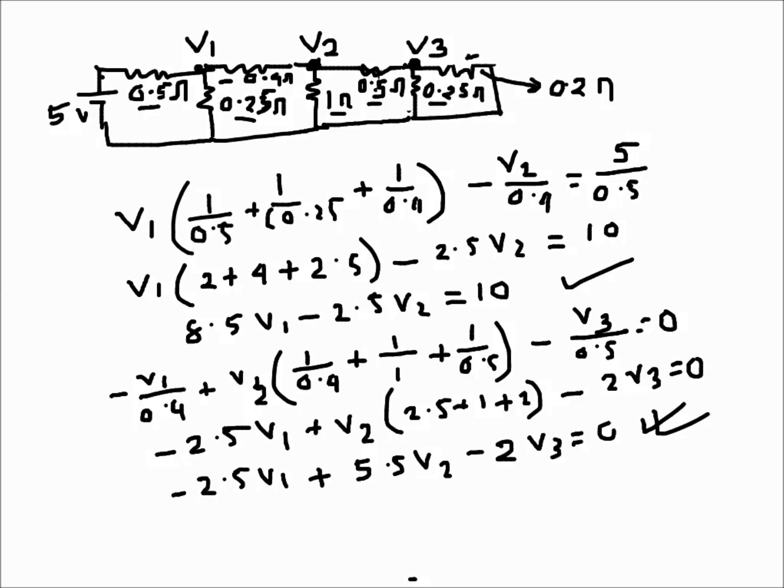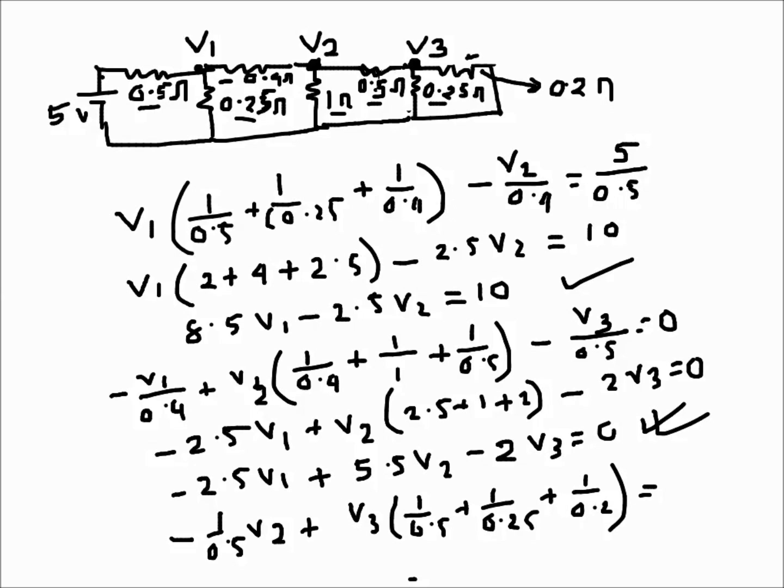KCL at node 2, and node 3 will be minus 2 V2 plus V3 times (1 over 0.5 plus 1 over 0.25 plus 1 over 0.2) equals 0.